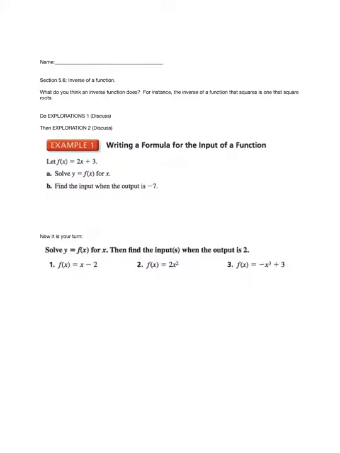Okay, let's go ahead and get started. You're going to be working together, and in Exploration 1, you're going to see A, B, C, and D. A, B, C, and D each have two functions. In your calculator, or if you must take one of your computers out and go to Desmos, looking at A, I want you to graph f of x equals 4x plus 3, and then graph g of x equals (x minus 3) all over 4.